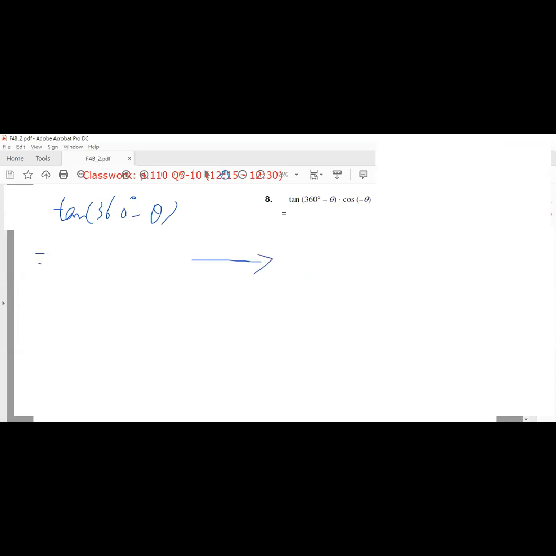Okay, we are going to use this. 360 degrees is one complete cycle. Okay, this is 360 degrees. How about minus theta? Minus means going backward. Theta means a little bit. So going backward by a little bit. That is like this. Little bit.